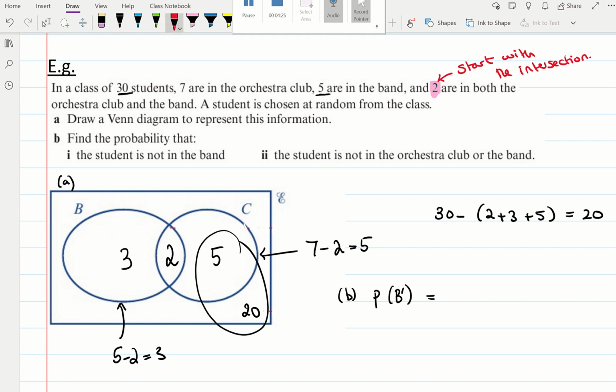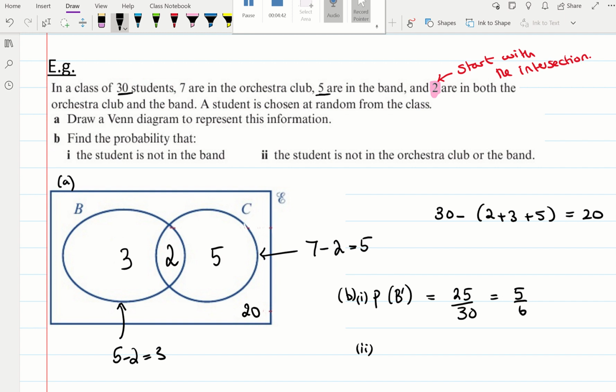Well, this is band and I don't want it. What's left? 5 and 20. So that's 25 out of 30. And again, you can simplify. So that's the first part of B.